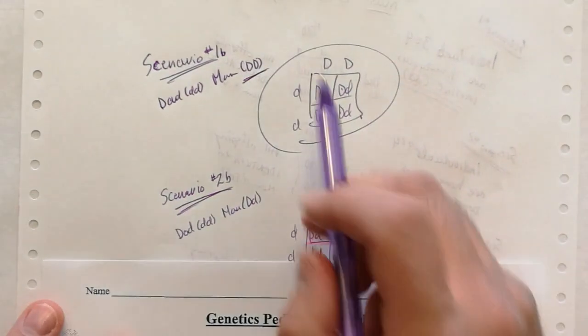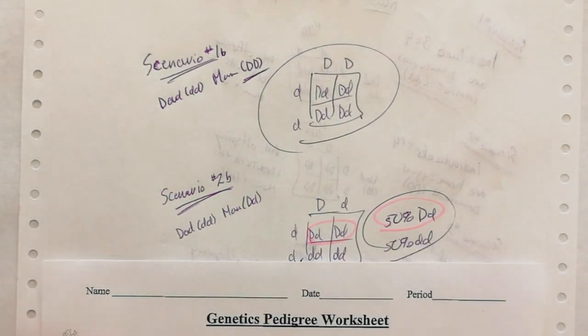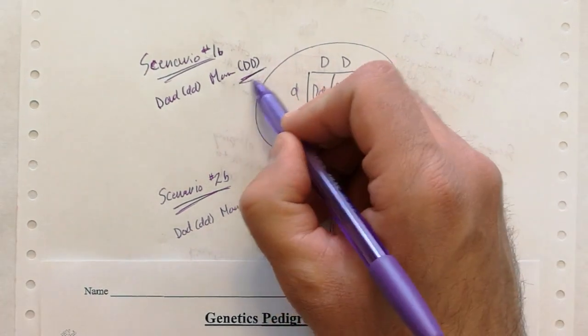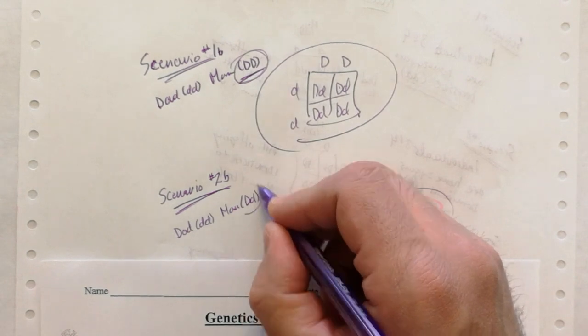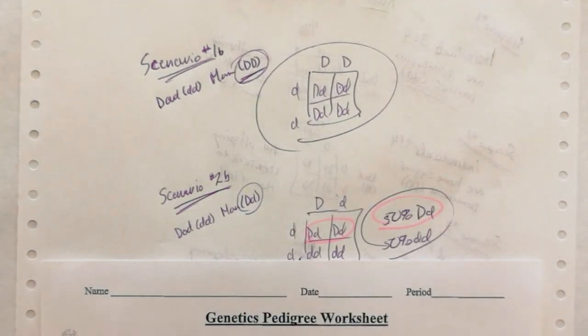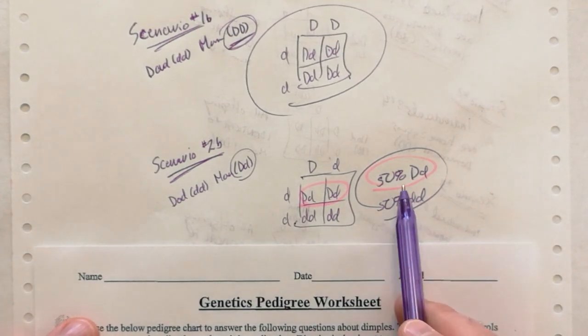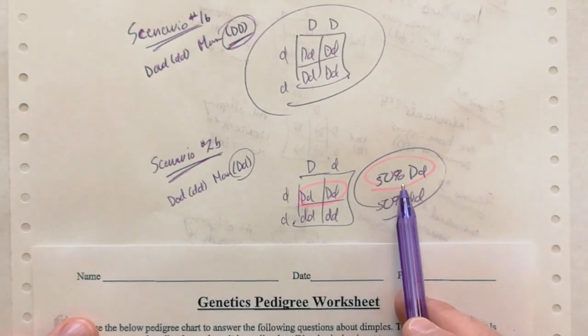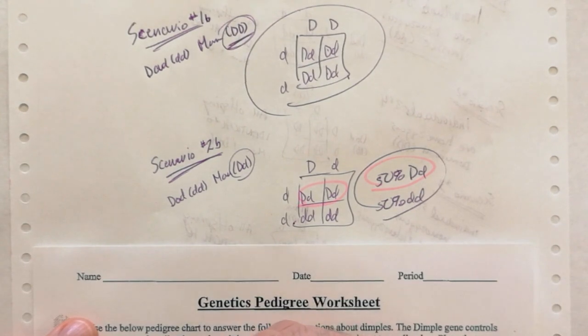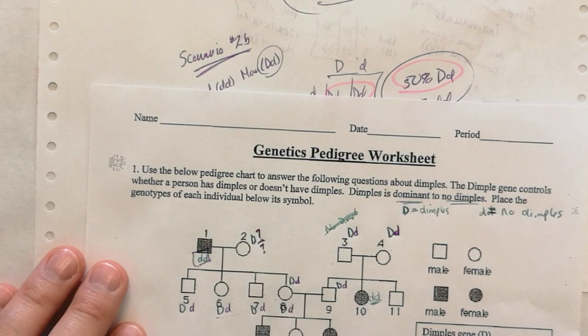So we might suspect from having 4 children, none of which had no dimples, that the mother has this genotype, but we can't exclude this for sure. We don't know. She could be heterozygous. It could just be one of those statistical probabilities that, while unlikely, it is still possible. So we don't know for sure what the second allele is for individual number 2.